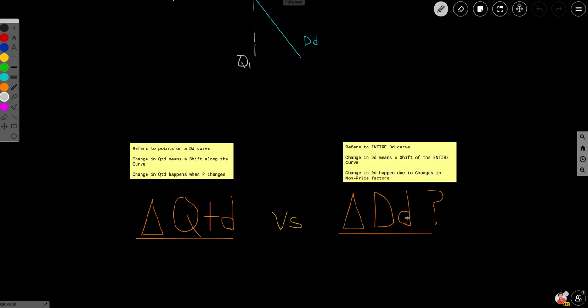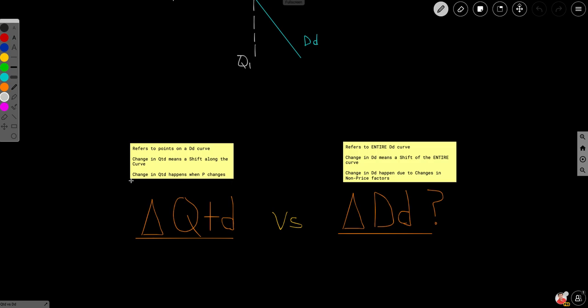So if we say change in demand, the entire demand curve is shifting. Whereas if we say change in quantity demanded, it is a shift along the curve. Change in quantity demanded happens when price changes.